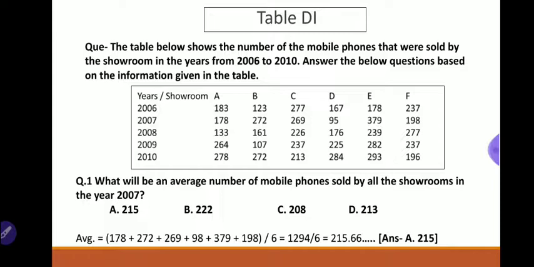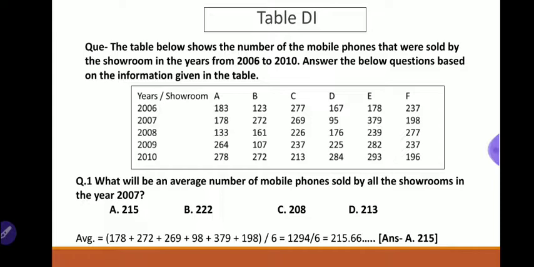So here is the table, just observe the table for the first few seconds, what information is given in the table. In the first column years are given, 2006 to 2010, and in subsequent columns A, B, C, D, E, F, these are the showrooms, and the sale of mobiles is given in that column.